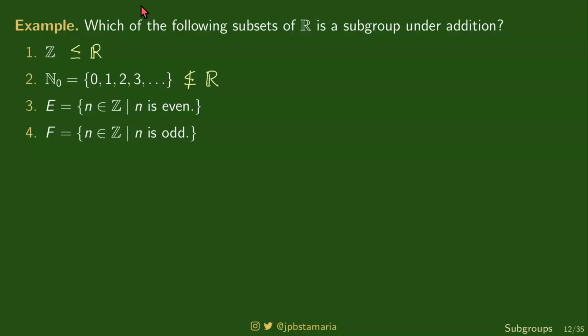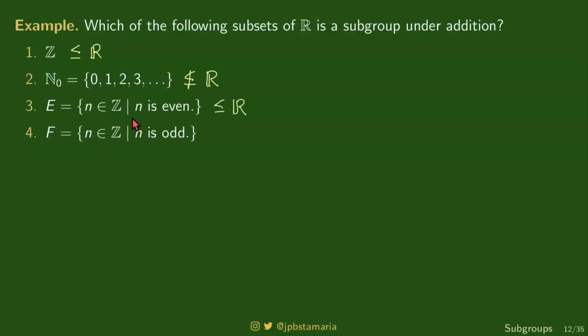Alright, let's now consider example number 3. How about the set of even integers only? Is this a subgroup of R? Categorically, yes or no? Check natin isa-isa.